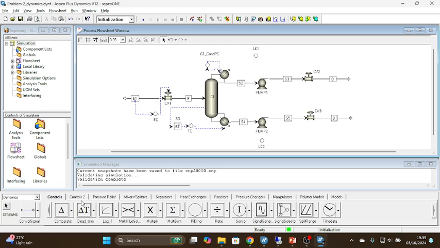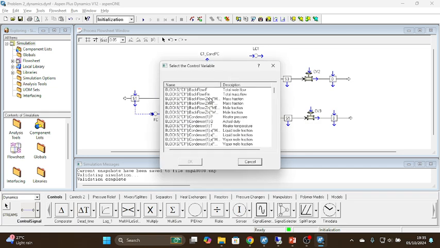Right. Now for control signals, what I have to control is stage 1.